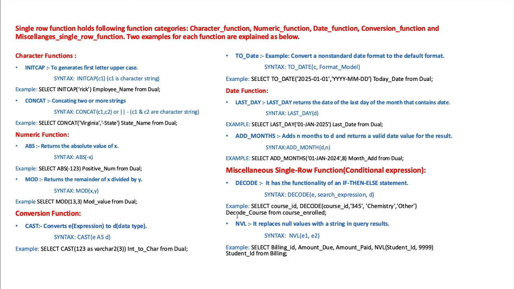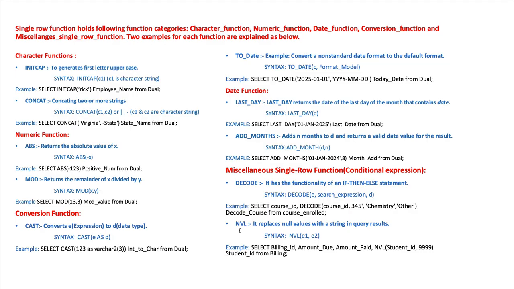This is a different column from the already created table course_enroll. That means if there is a course ID of 345, it will give the name Chemistry. If not, it will give the name Others.